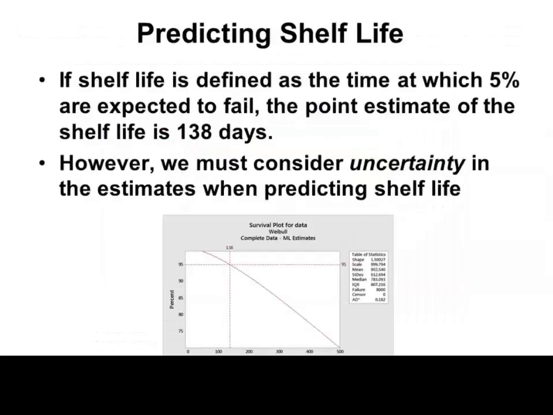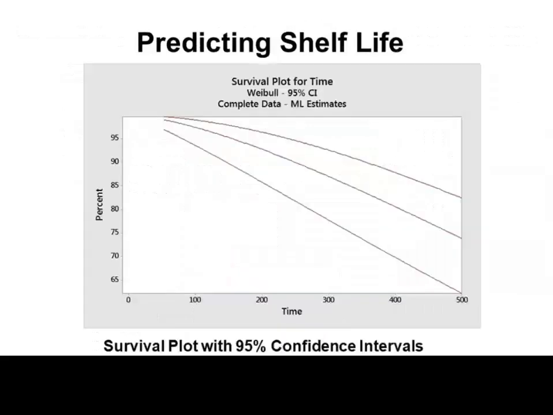When we're calculating shelf life, we should account for the uncertainty in our estimates, which allows us to say, this is my shelf life with a certain high level of confidence. You could do a 2-sided confidence interval around the actual survival curve, which is one way to do it.